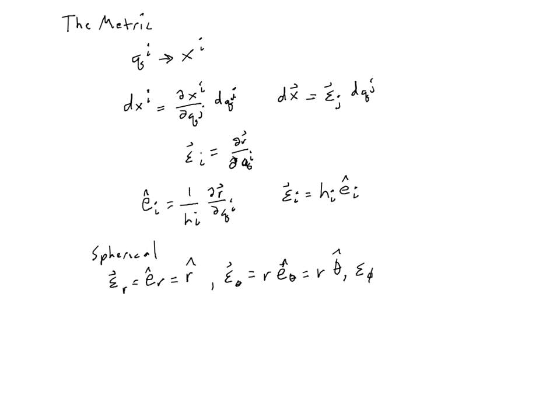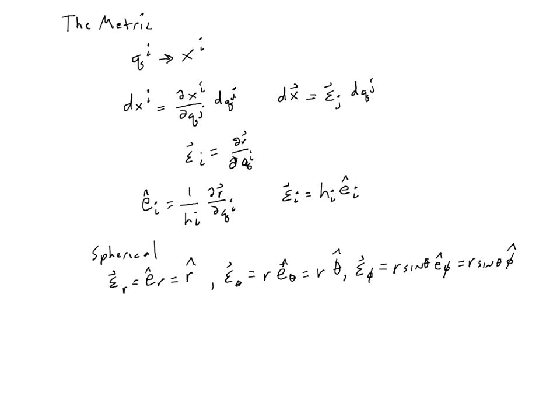And epsilon phi is equal to r sine theta e hat phi, which is equal to r sine theta phi hat. So that should all look very familiar to you.